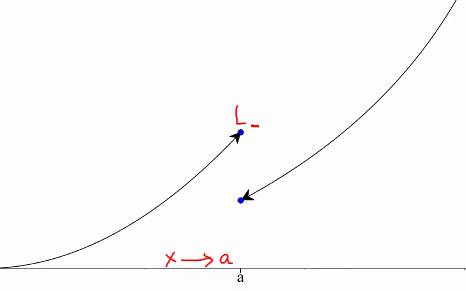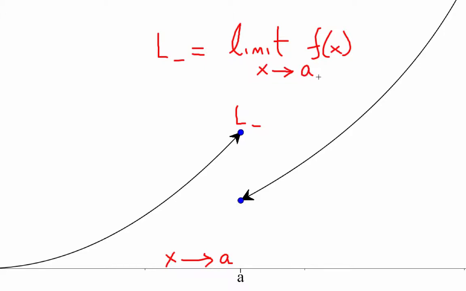L minus is the limit of the function f of x as x approaches from the left, in other words, from slightly smaller values than A. Over here, we shall call this limit L plus.